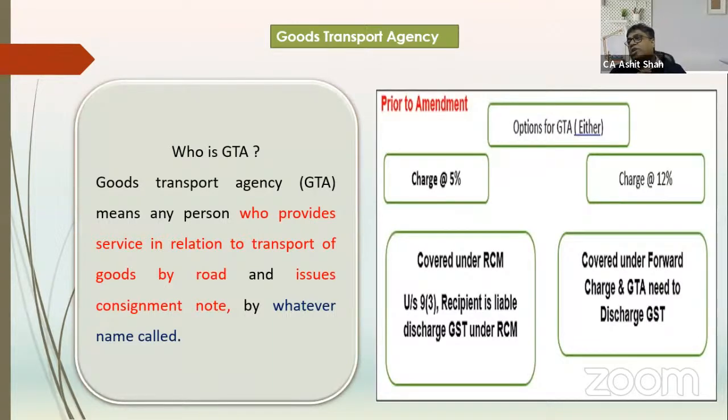Prior to 18 July 22, whether this option is qua transaction or qua year or qua transporter. Again, I am repeating. ये जो option था 5% or 12%, that means RCM and FCM, whether a transporter can opt only a single method during the year.